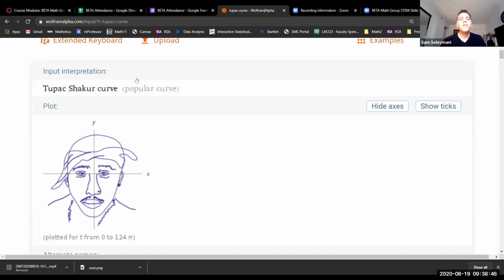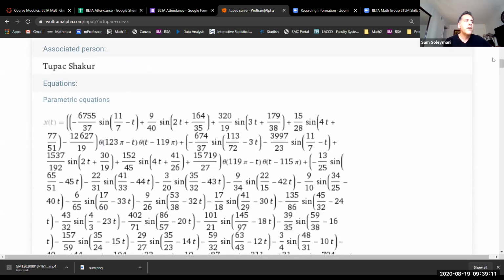Somebody took the picture of Tupac and scanned it into computer software, not Photoshop, but there is a software called MATLAB. There are other software that do this, like Wolfram Mathematica.